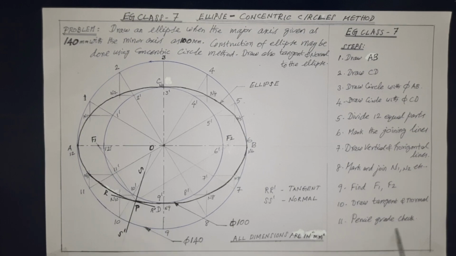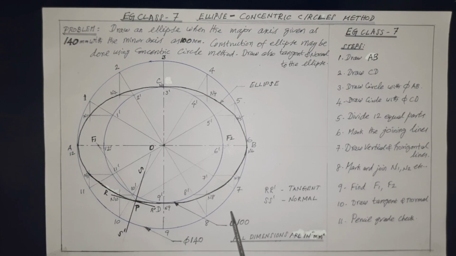Next, last one, pencil grade has importance for good appearance. With respect to dark and thick, for the ellipse, tangent, and normal, the HB pencil may be used, including the letters, whereas medium thick is required for things like axis lines, circle lines, etc., slightly with darkness.